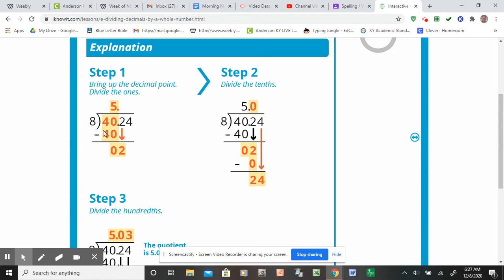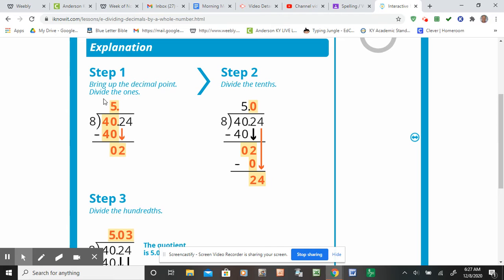Okay, now we're going to go step by step. We're going to bring up the decimal point and divide by the ones. Do you see the decimal point in 40 and 24 hundredths? All you do is bring it directly straight up and park it right there. Then the next step is you divide 8 into 4, and 8 does not go into 4. So we've been putting a 0 here, and they just left it blank.